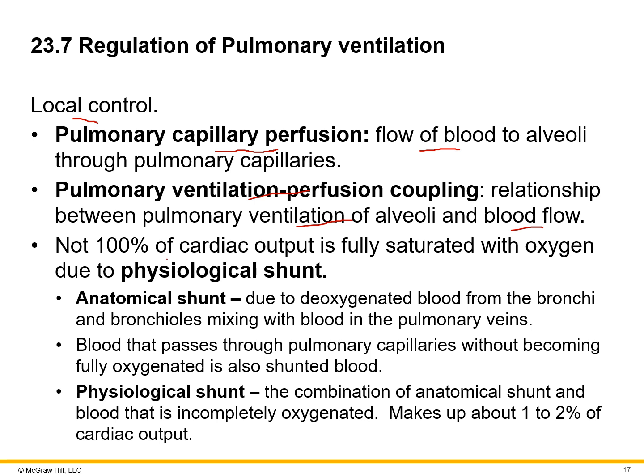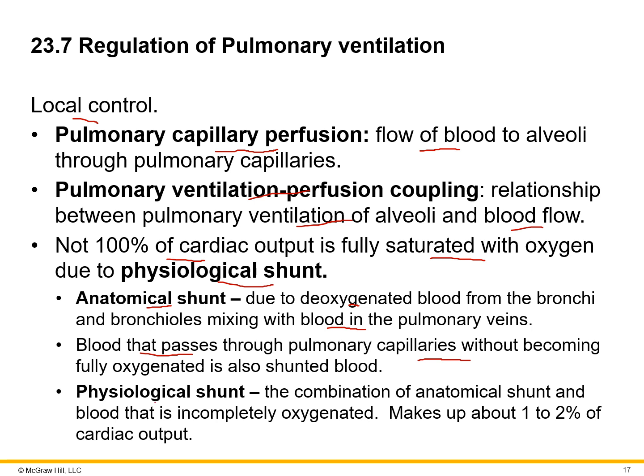Not 100% of cardiac output is completely saturated with oxygen, and this is due to what's called the physiological shunt. There's an anatomical shunt, which is due to deoxygenated blood from the bronchi and the bronchioles mixing with the blood at the pulmonary veins. Then we have blood that passes through the pulmonary capillaries without becoming completely oxygenated, again, shunted blood.